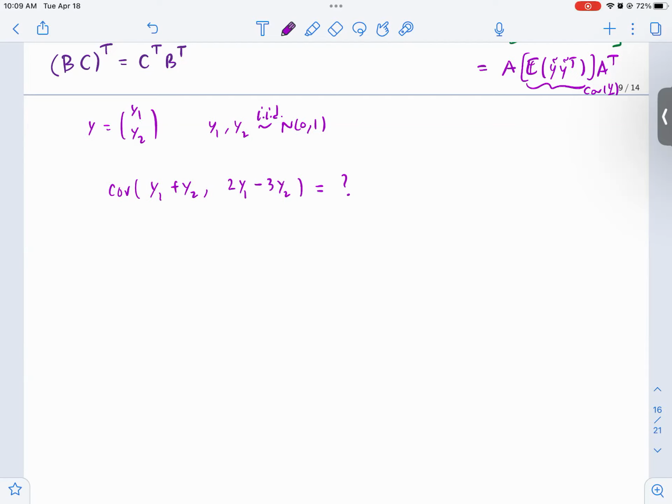Is there an easier way in this case? Do I have to compute the joint distribution? That's definitely doable, but a lot of work. You have to find the PDF of y, and then know how the PDF transforms under this transformation, and then do the integration for the expectation.